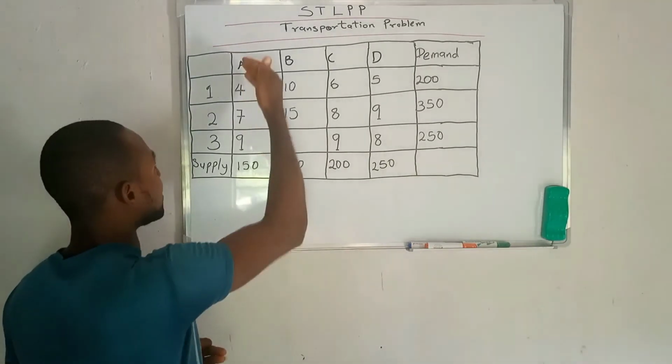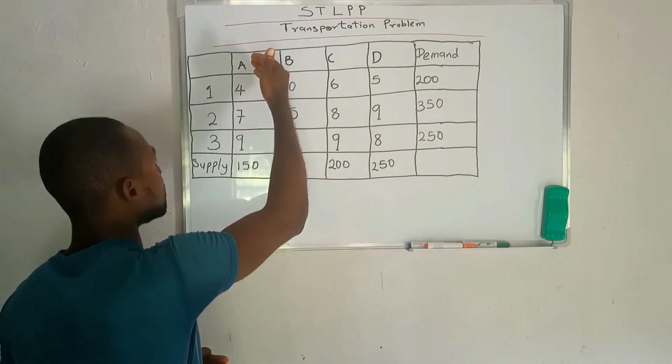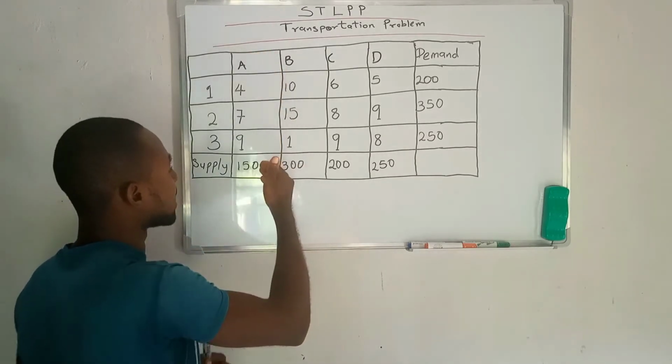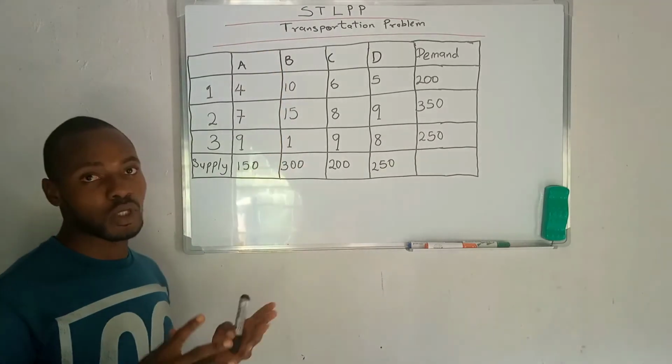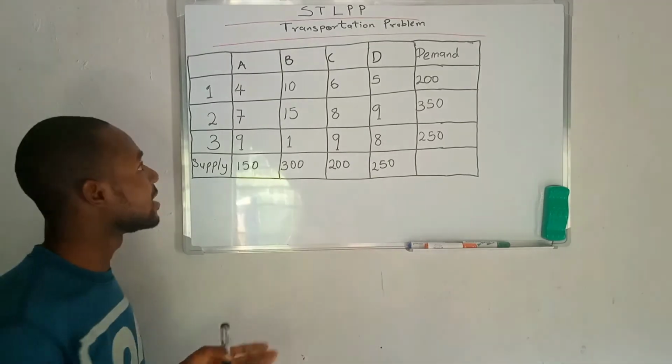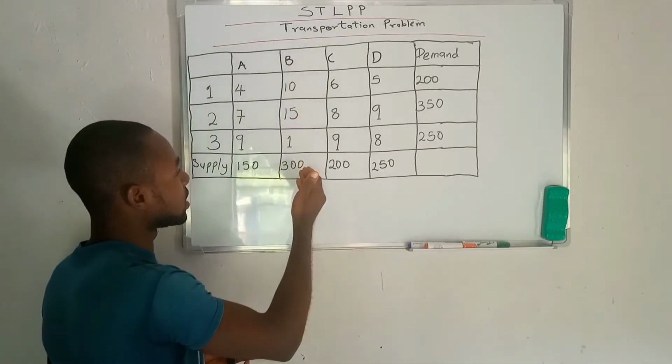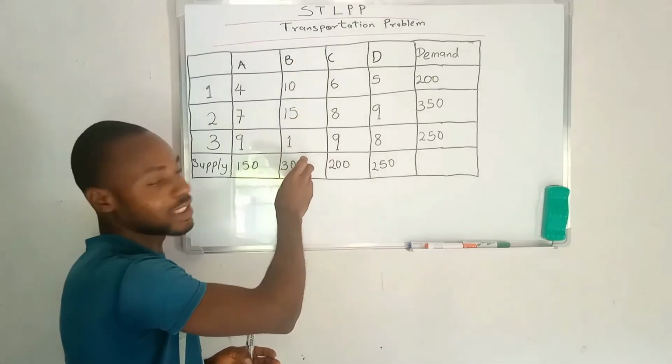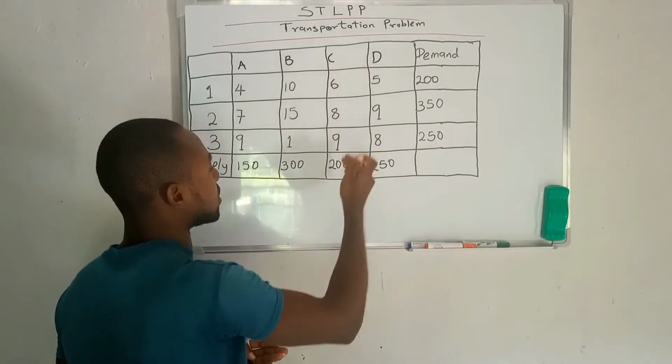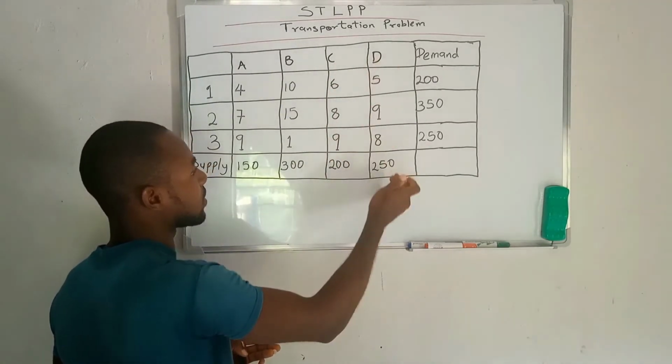So unit A produces up to 150 goods in a day. B produces up to 300 goods in a day, and C produces up to 200, and as well D.